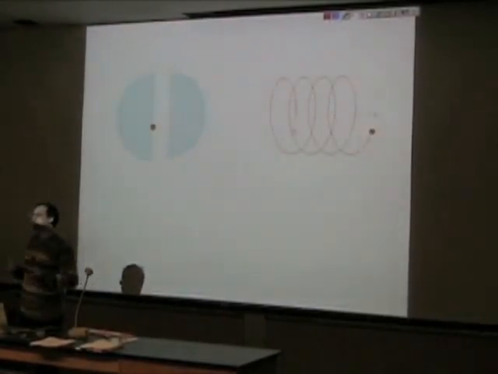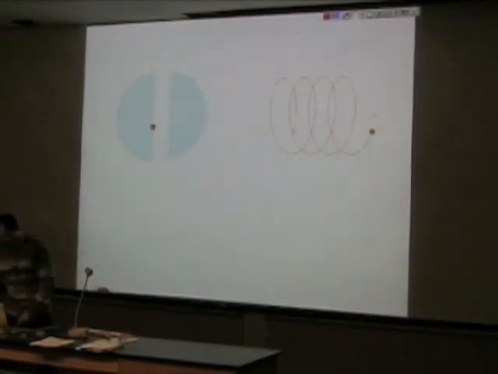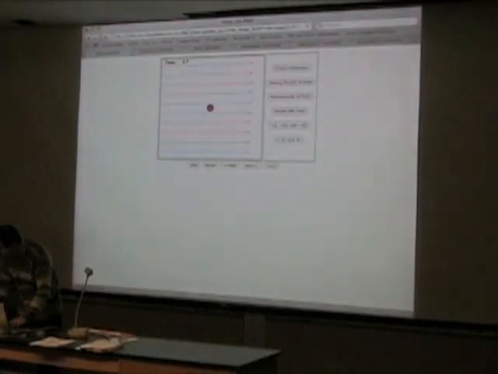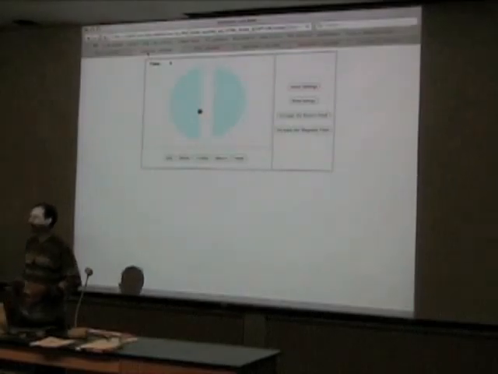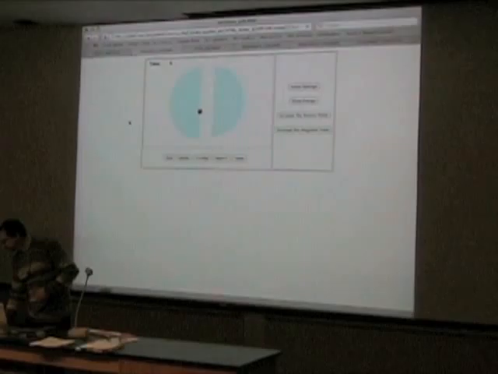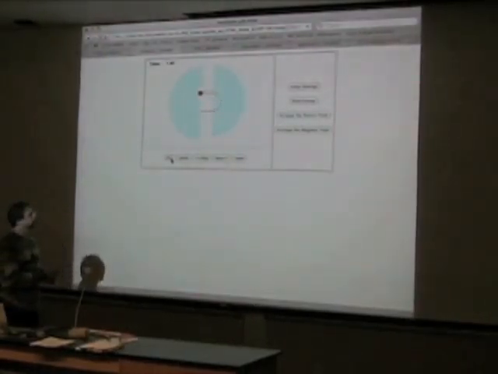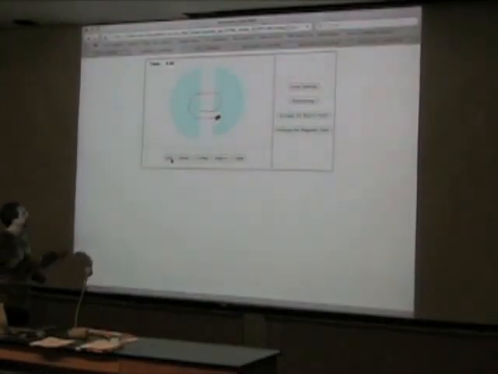Now we can talk about possible applications. One of these applications is this. Cyclotron. It's the first particle accelerator. So if you have a charged particle, you can apply a potential difference between these two halves of the circle.